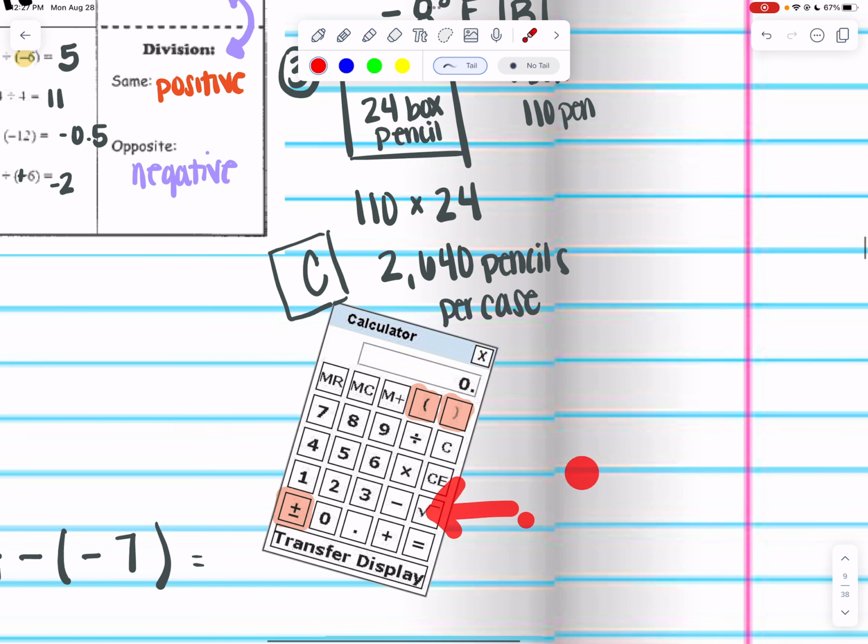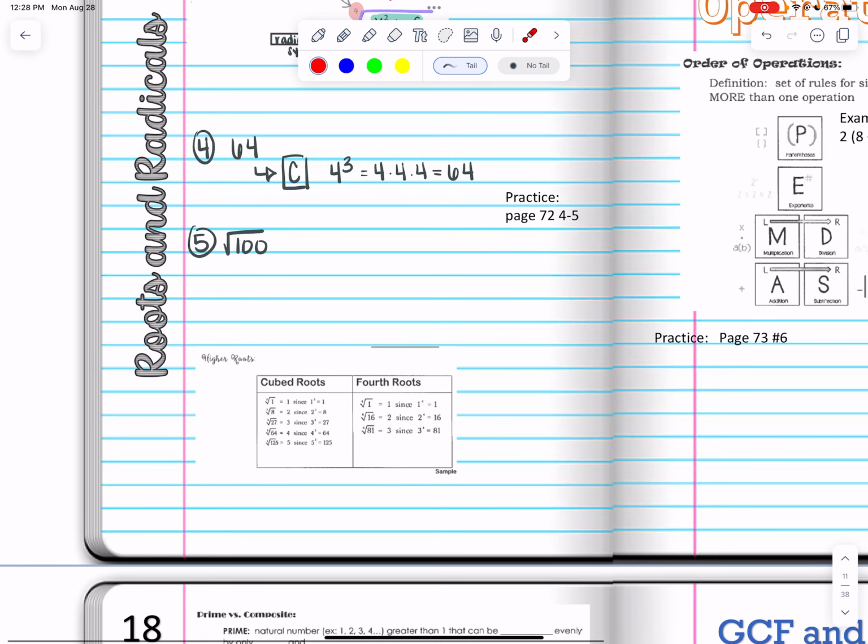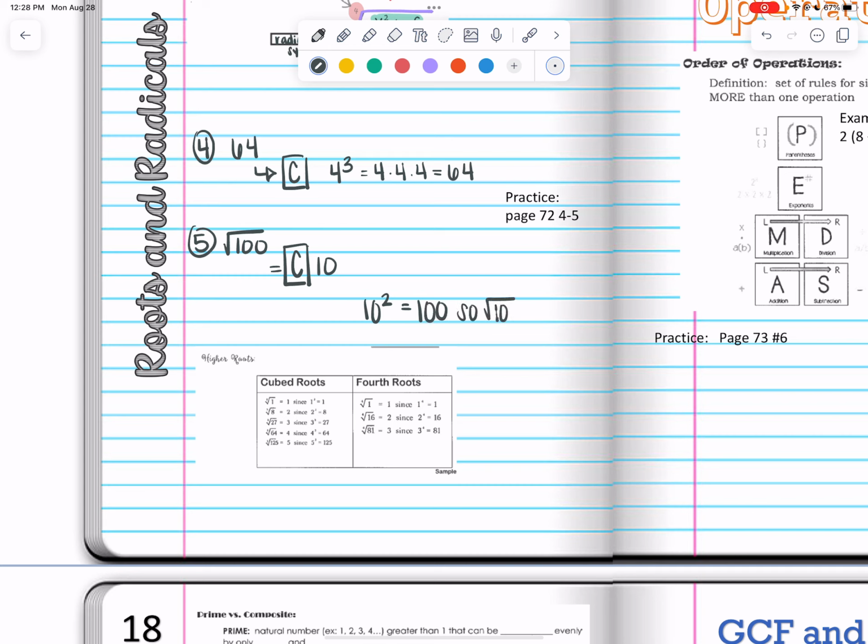I think in this you have to type in 100 and then the square root button. And you get out 10. And 10 is also letter C, because 10 squared equals 100. So the square root of 100 would be 10.